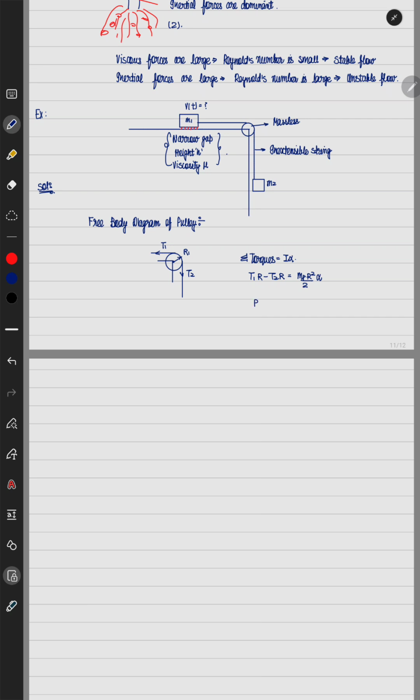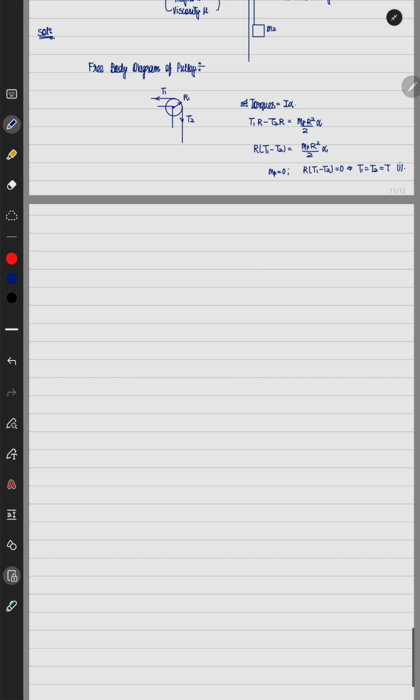R gets common. T1 minus T2 is equal to mp into R square divided by 2 into alpha. Since mass mp is equal to 0, as assumed in the problem, R into T1 minus T2 comes out to be equal to 0. This implies that T1 is equal to T2. Let us say this is equal to T. This is the first equation.